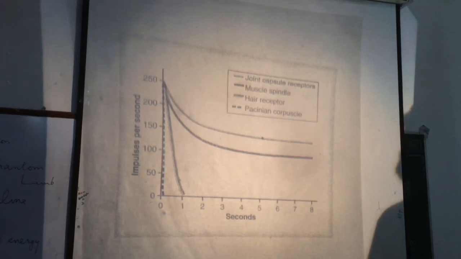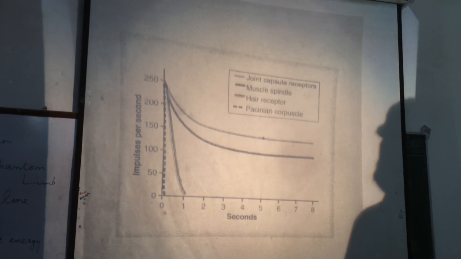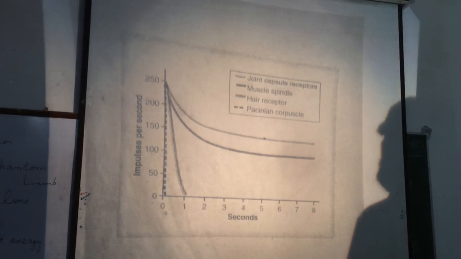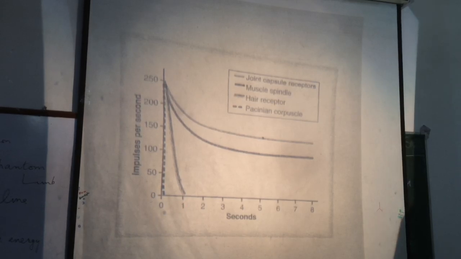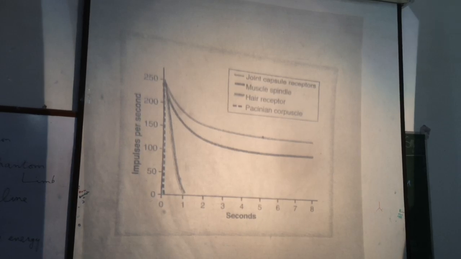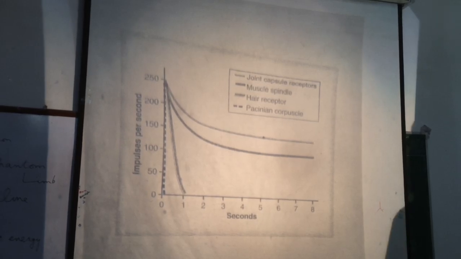Depending upon the degree and rate of adaptation, there are two types of receptors: phasic and tonic.